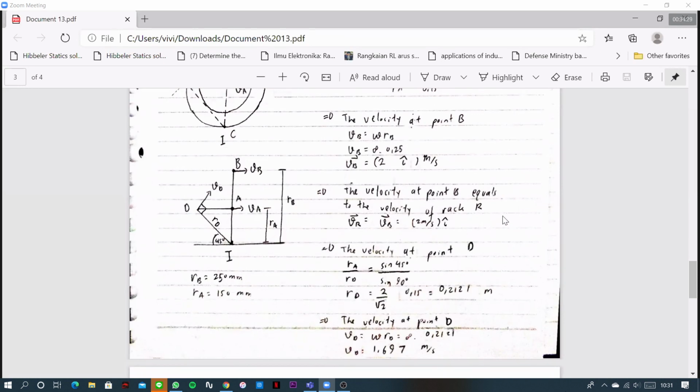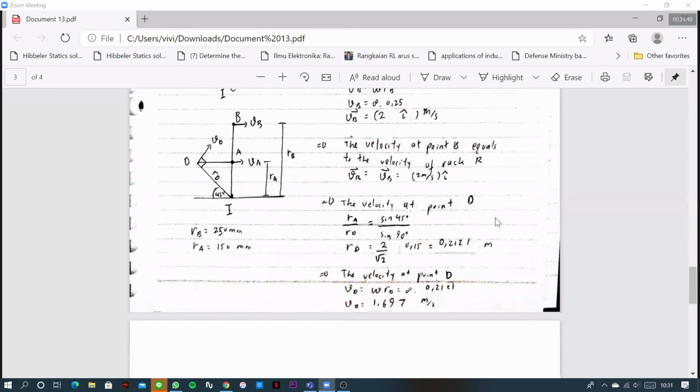And then the velocity at point B equals the velocity of the rack A. Okay, this is tangential velocity, right? Yeah. Then next, velocity at point D.